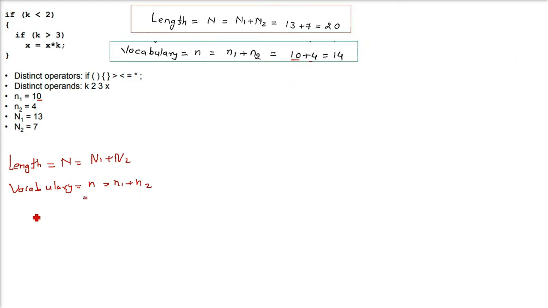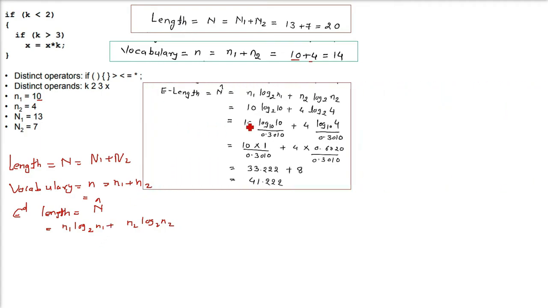Then the estimated length. This is represented by n cap, estimated length. So this will take some time. N cap will be small n1 log base 2 small n1 plus n2 log again base 2 n2. Now the only thing of concern here is the computation. n1 you know it is 10, n2 you know it is 4, but the log base is 2.